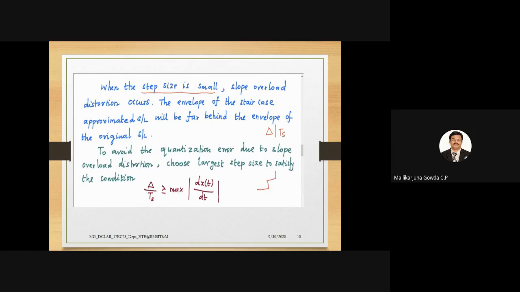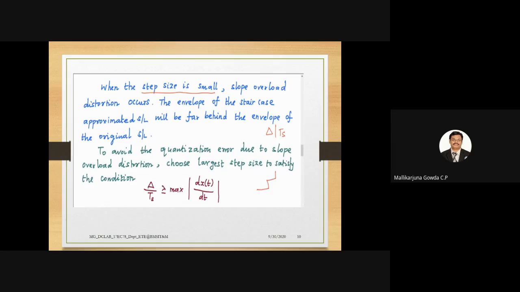I'm not getting any response. If the step size is small and the input signal is changing very fast, then it will not be able to follow the original analog input signal, meaning the staircase waveform will not be able to track it. In that case, the approximated signal and the original analog input signal will be different, so the conversion will not be equivalent to the original analog input signal.